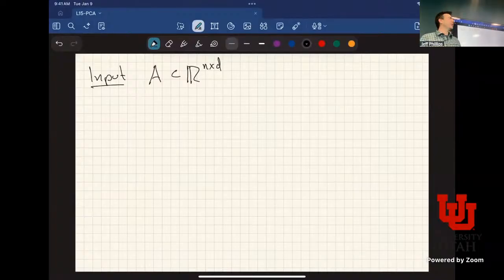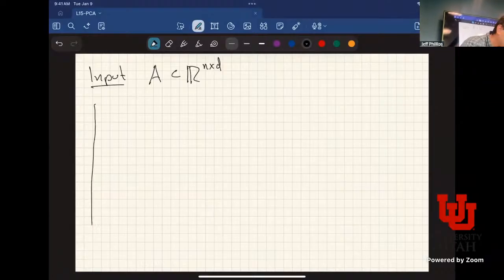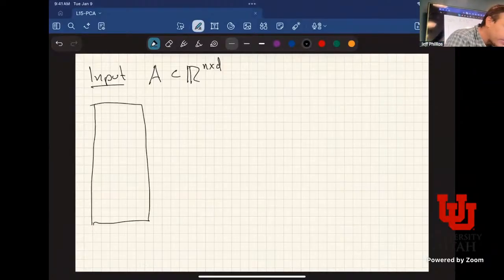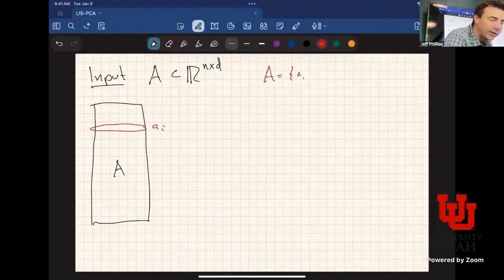It's in the real numbers, d-dimensional. What does that mean? I often think of A as a matrix, a set of rows a_1 through a_n.